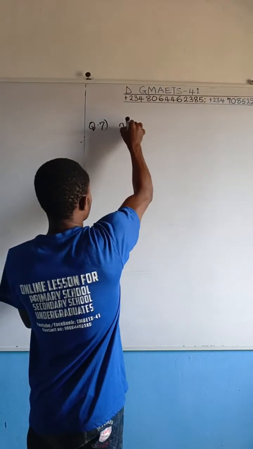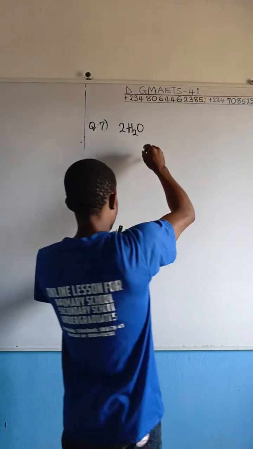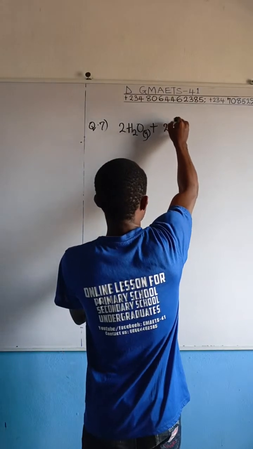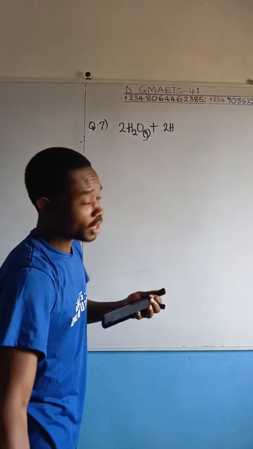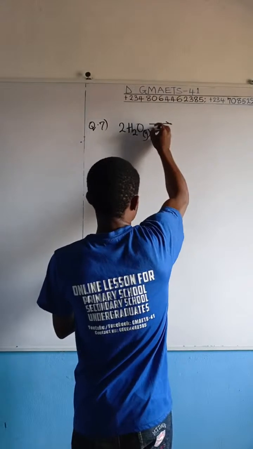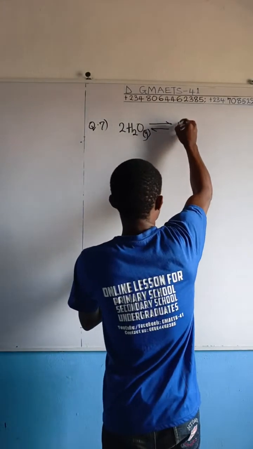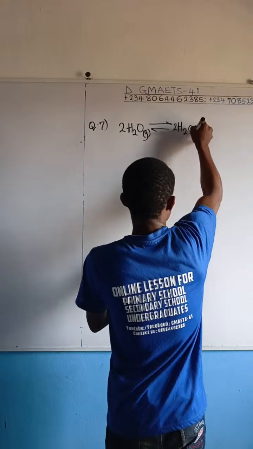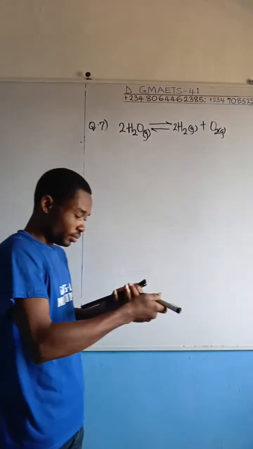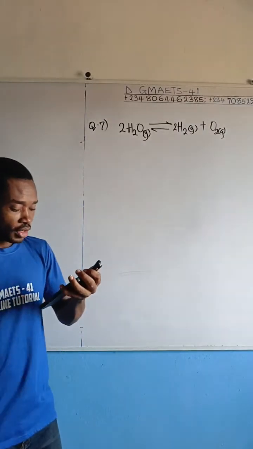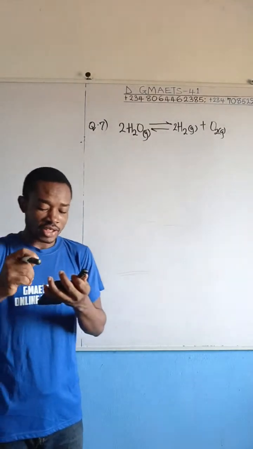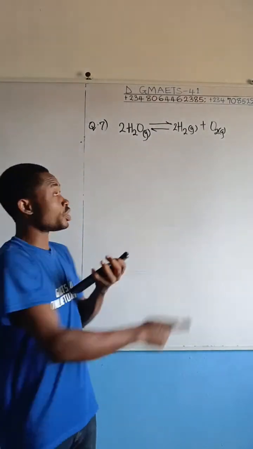This is the equation: 2 molecules of water, in steam form, so gas, undergoes an equilibrium reaction and produces 2 molecules of hydrogen gas and 1 molecule of oxygen gas.